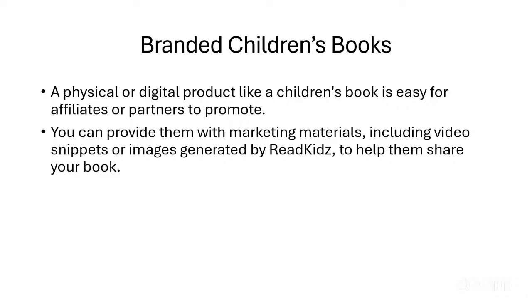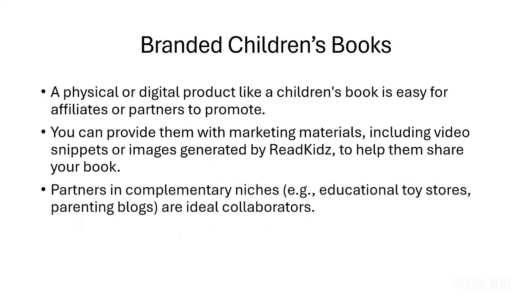And so the more that they make, the more they'll come back to your products in order to promote. So find different partners, and you can create a children's book in different verticals. Again, sometimes you can use that as a way to attract different affiliates that you would not attract otherwise. And in most cases, you're not going to create a children's book as a standalone, but it is something that you can do.